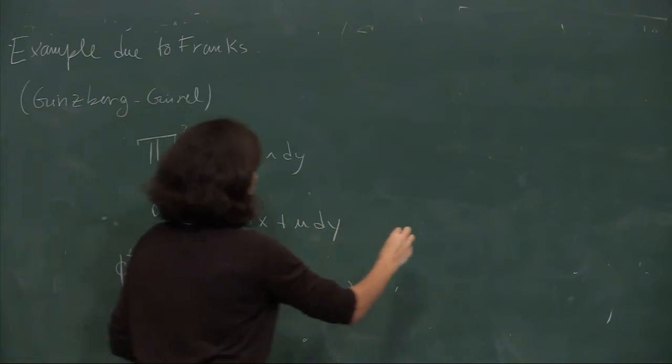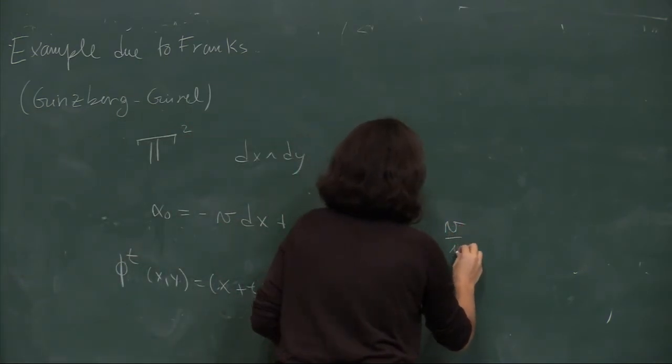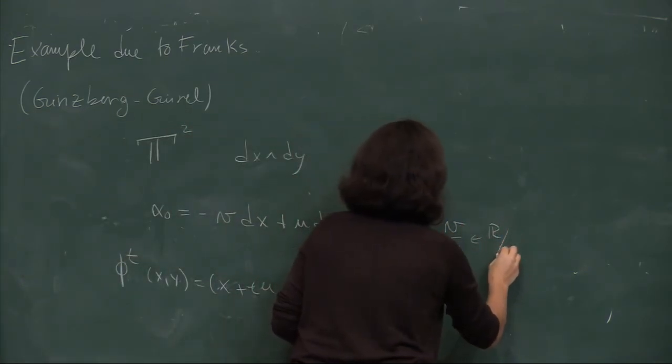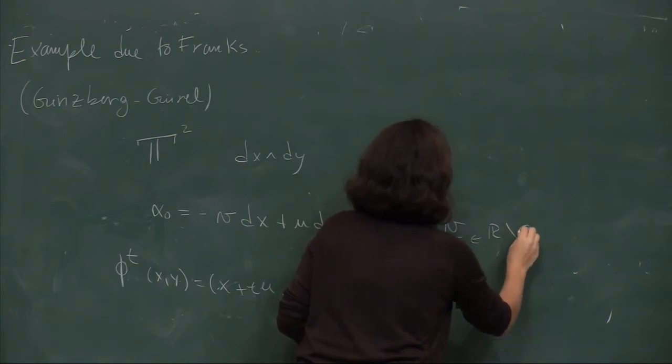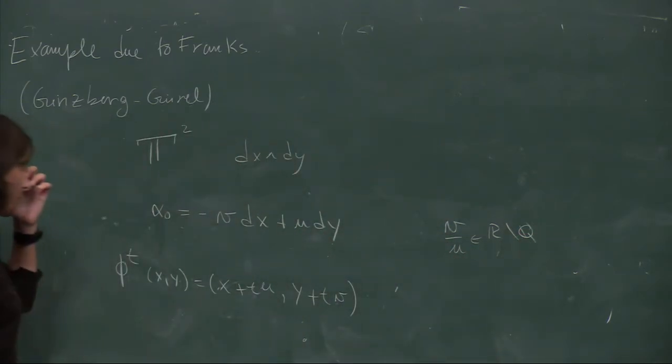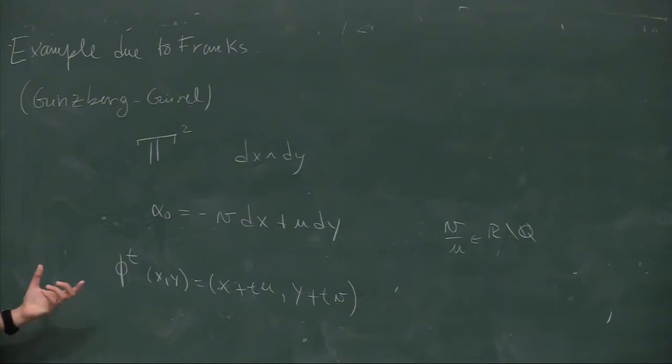So if v over u is irrational, then I have no periodic orbits on the torus.